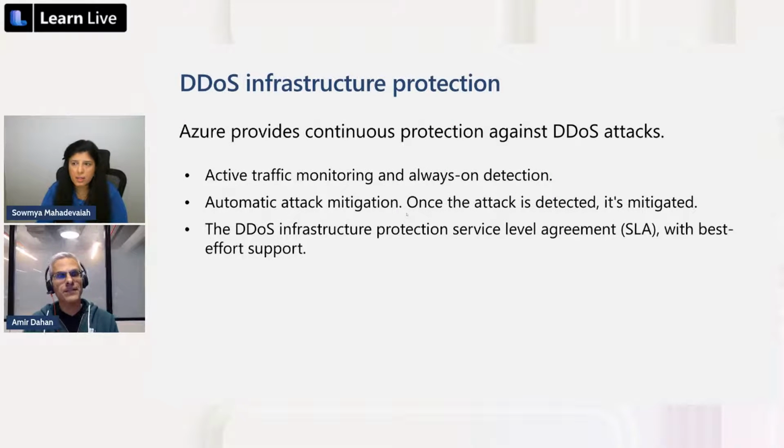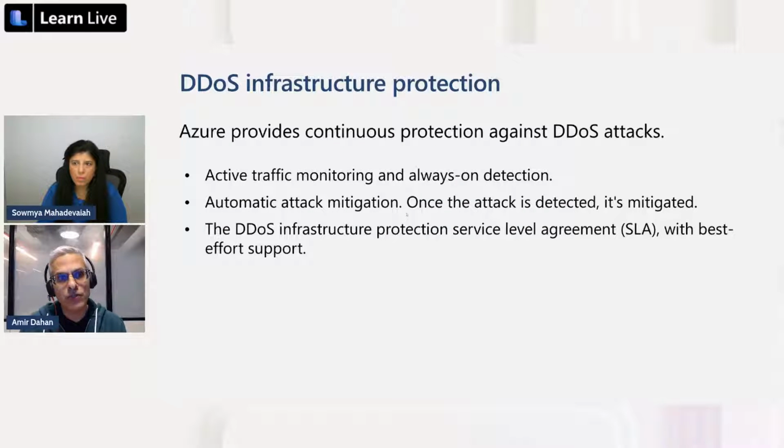Next, let's talk a little bit about DDoS infrastructure protection. DDoS infrastructure protection provides continuous protection against DDoS attacks for all Azure resources and, generally, Microsoft online services. It protects the platform, the infrastructure of Azure as a cloud platform serving customers hosting their applications. It works totally automatically.